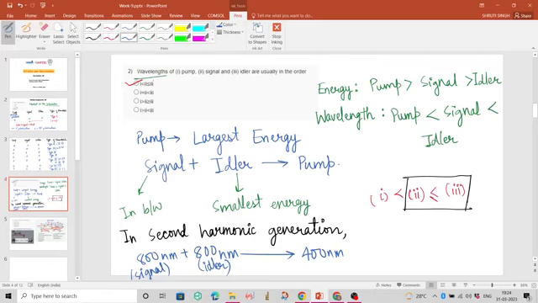But the pump cannot be equal to the signal or idler. Then there is no point of second harmonic or sum frequency, because if signal or idler is equal to the pump, then what are we generating? There is nothing to generate then, right? So 1 will be less than 2 will be less than equal to 3. So that's how we solve this question.